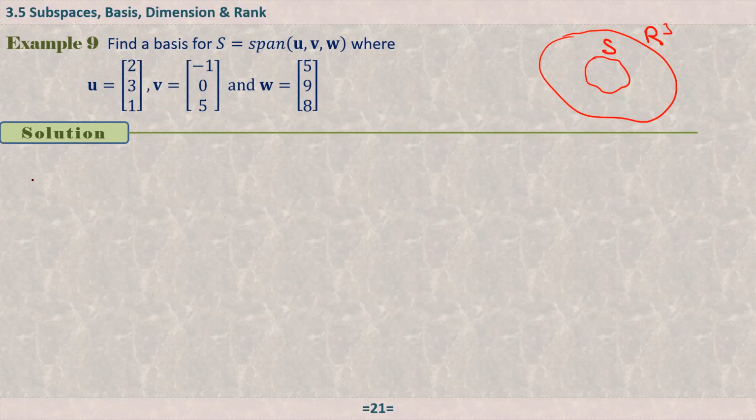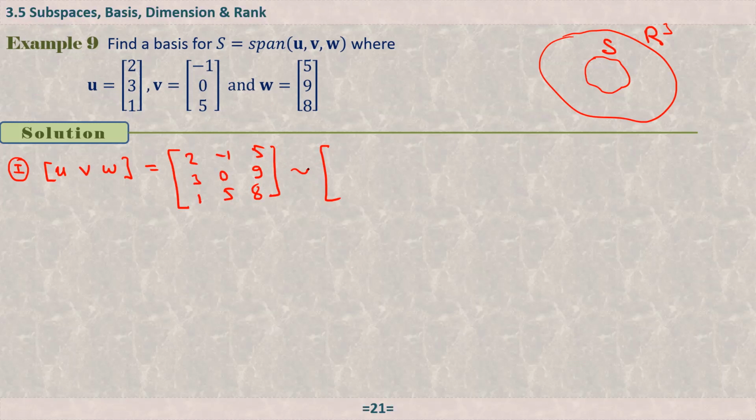Anyway, to determine whether they are linearly dependent or independent, as you know, we have two ways. The first way is I can just write it as a matrix with columns u, v, w, where u is 2 3 1, v is -1 0 5, and w is 5 9 and 8. Now, by applying a bunch of elementary row operations, we reduce this to reduced row echelon form.